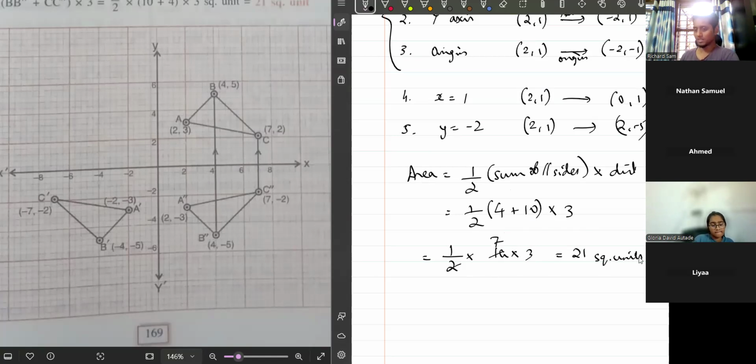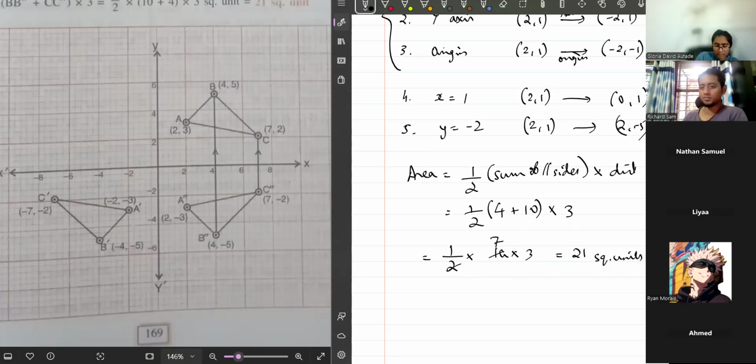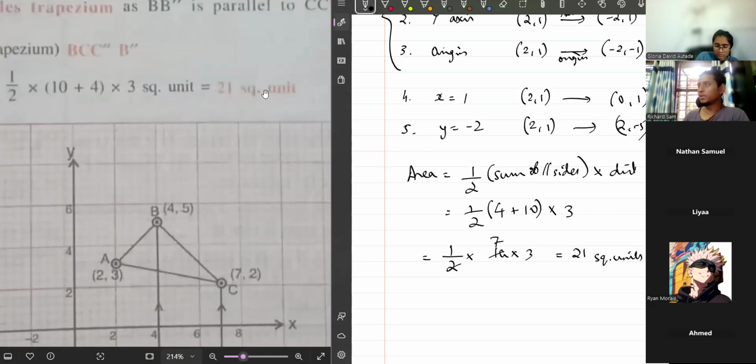Because we don't know what the unit is. If it's centimeter, then square centimeter. If it's meter, square meter. It's units or square units. Is that clear? See the answer here. 21 square units.